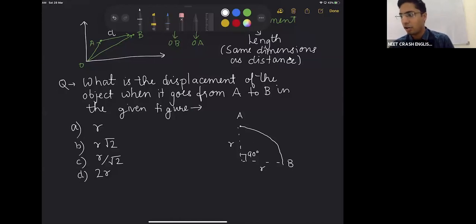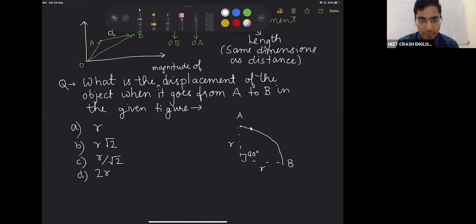In fact, I just want the magnitude of the displacement. Okay, I can see some answers: B, B, 2R, B, B. I'm going to wait for more answers. Okay, B, D. So I can see a lot of B's and D's.